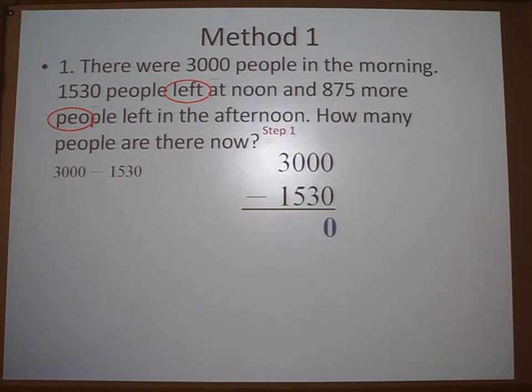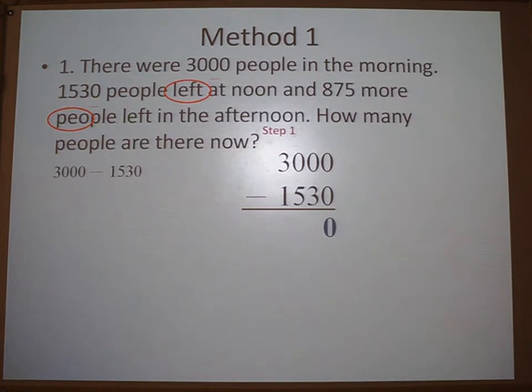For the unit place, 0 minus 0, it will be 0. And at the 10th place, 0 minus 3, which is not possible. Therefore, we need to borrow from the 100th place. But in the 100th place, it is 0 again.